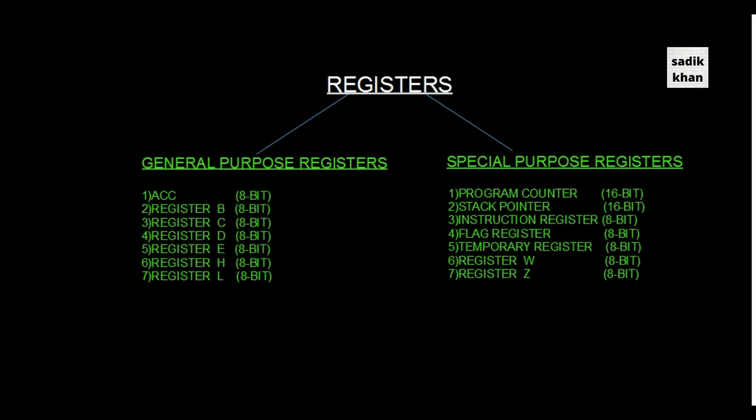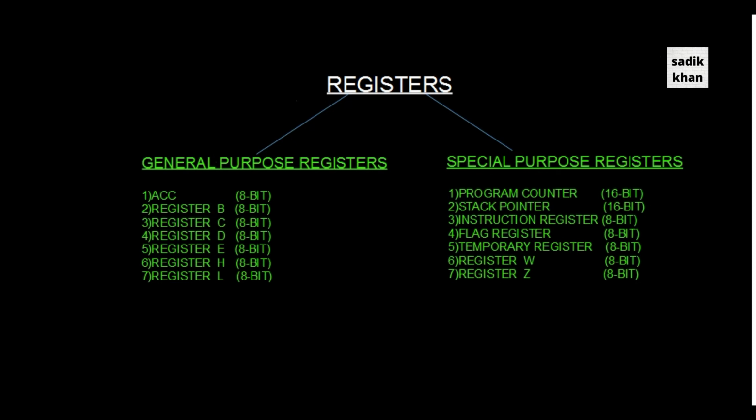So that's why it is an 8-bit processor. As the processor is 8-bit, all registers have the capability to store 8 bits. If the processor were a 16-bit processor, then all the registers would have to be 16-bit. Here you can see that the program counter and stack pointer are 16-bit registers. Why these two are 16-bit registers, I will explain in detail later.